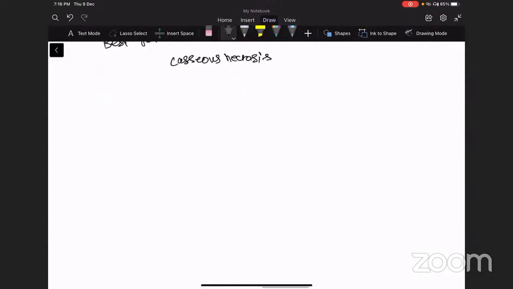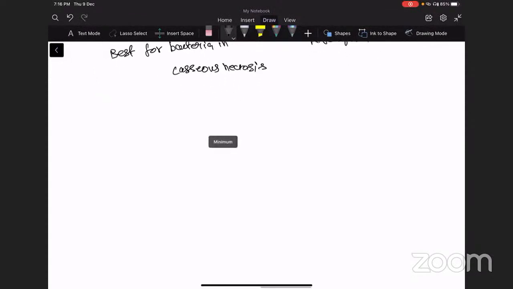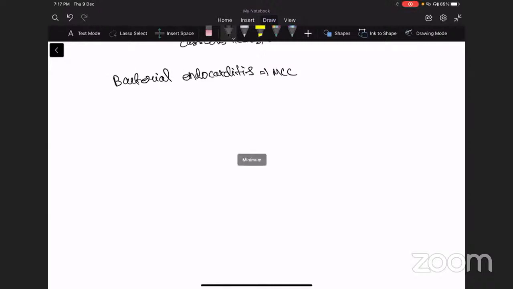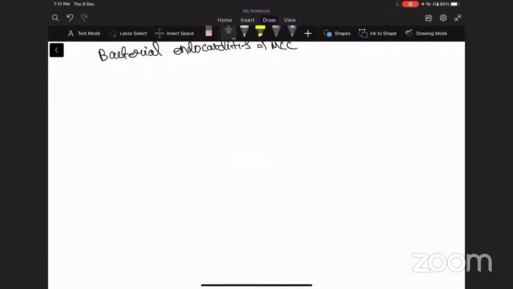Let's move on to some points about bacterial endocarditis, most common causes. Native valve endocarditis.